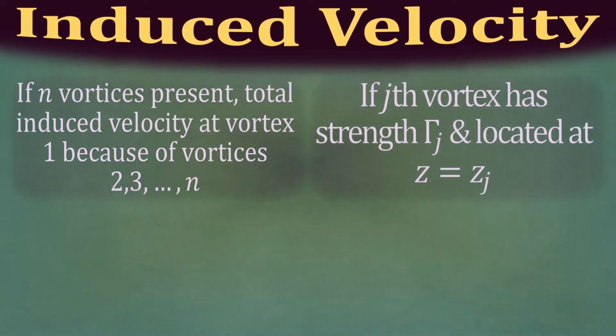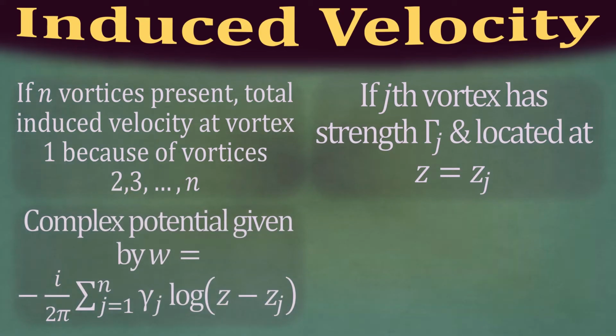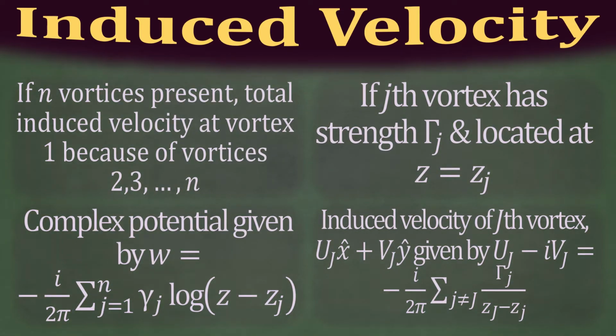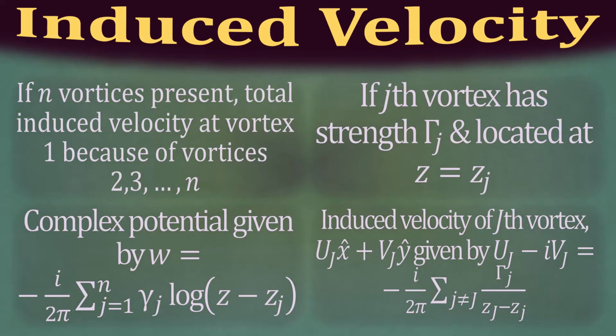If the jth vortex has strength gamma j and is located at z equals zj, then the complex potential is given by W equals minus i over 2 pi times the sum from j equals 1 to n of gamma j log of z minus zj, and the induced velocity of the jth vortex, uj plus i vj, is given by uj minus i vj is equal to minus i over 2 pi times the sum over all j but not capital J of gamma j over z capital J minus zj.